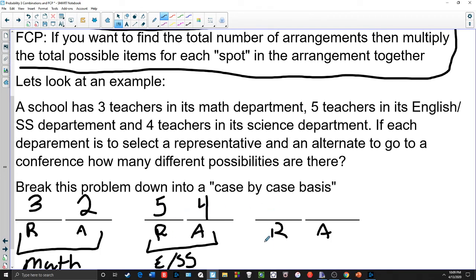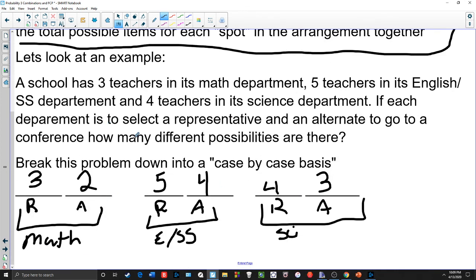And then same thing for science here. How many people can I pick to fill the representative spot from the science department? Well, there are 4 teachers, so any one of the 4 can be the representative. And then there are going to be 3 left to choose from to be the alternate. So again, you do it slot by slot. You have a math spot, an English social studies spot, and a science spot, and you just figure out how many can go in each slot one by one, and then you multiply them all together.